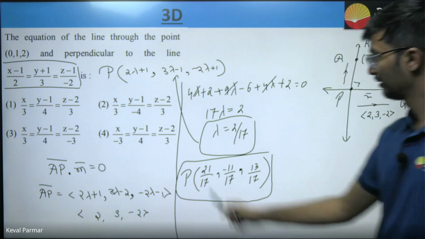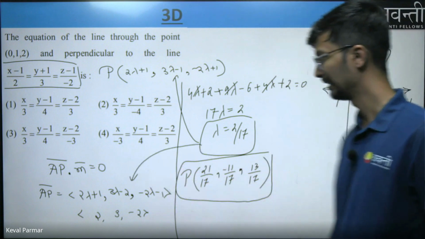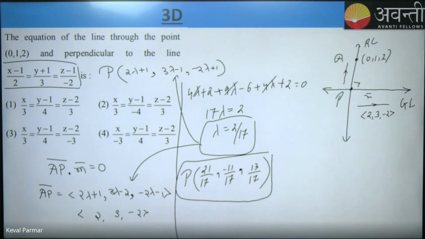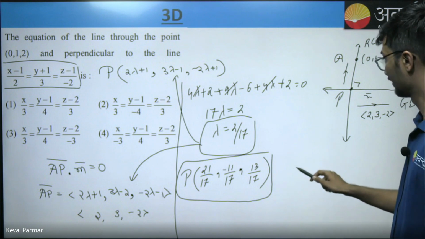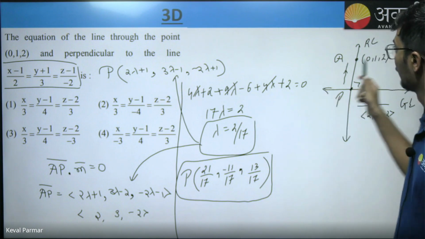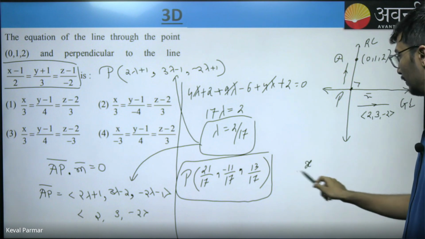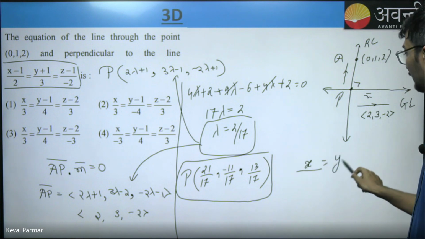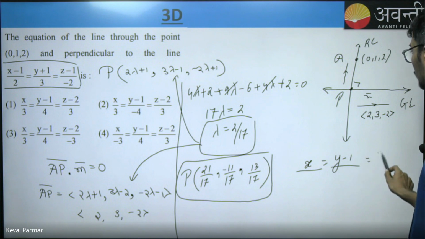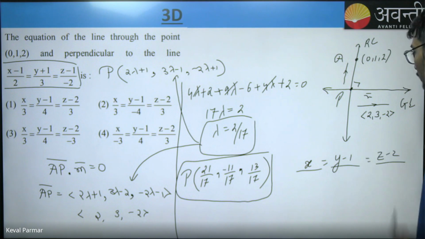The point is 0, 1, 2, so the line is x upon something equals y minus 1 upon something equals z minus 2 upon something.